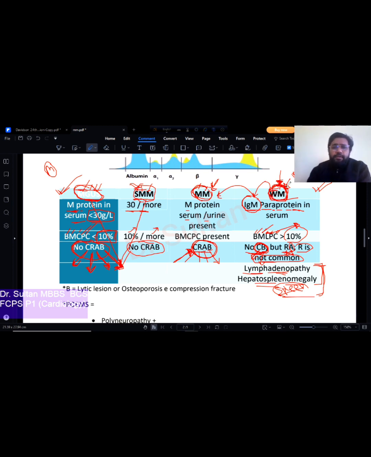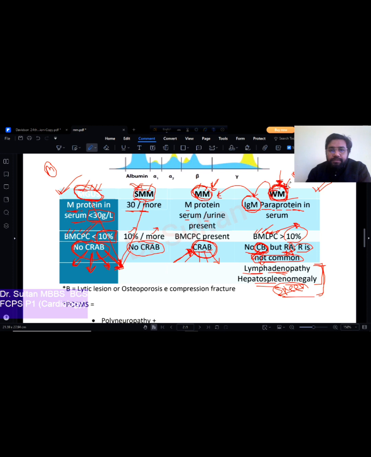Okay, so if you think about the scenario like an elderly man presents to you with features of hyperviscosity as well as the features of anemia, and you do the complete blood count, on the report you see the hemoglobin is reduced, that is anemia, and there is high ESR. So you'll have a differential like multiple myeloma, or it can be Waldenstrom macroglobulinemia.